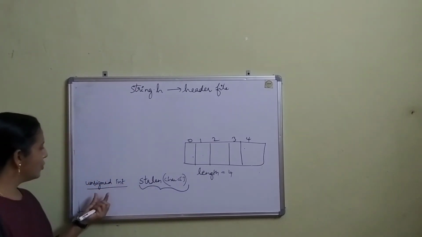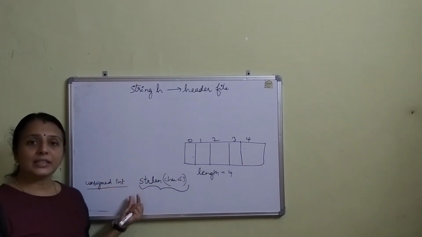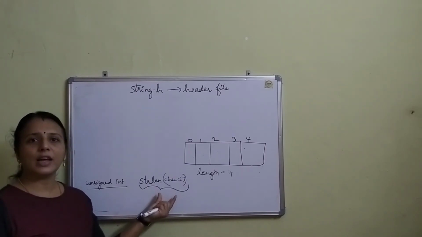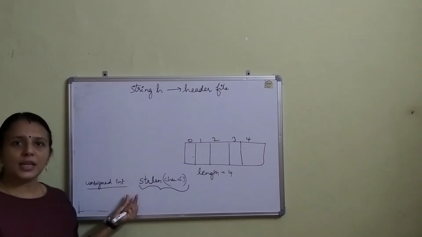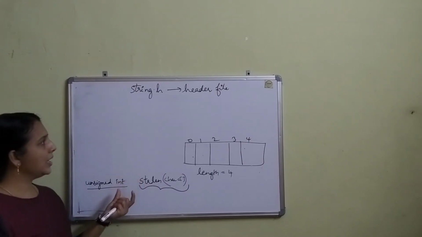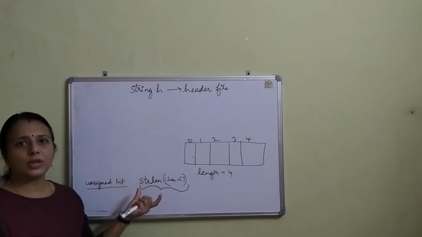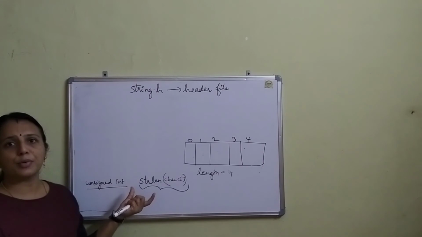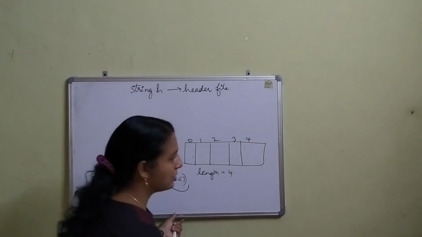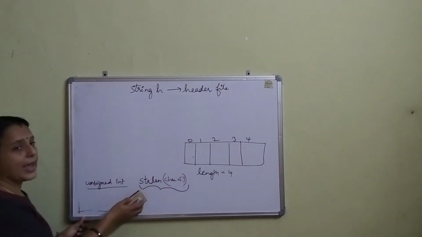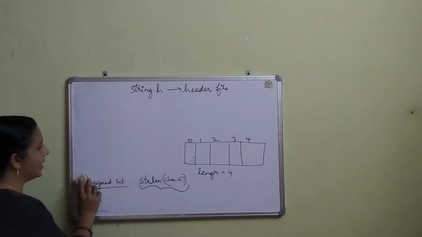So that is why we call the data type of that return value unsigned int. Now let us see how we are going to write a program to find the length of a string using the string handling function strlen.